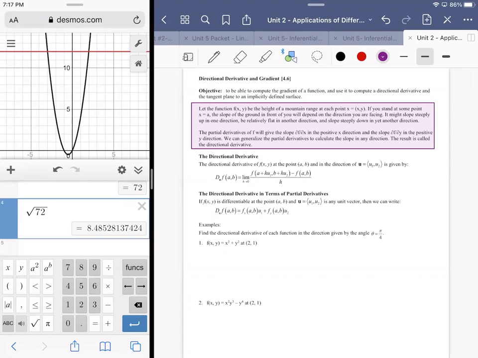But we will be able to make a determination of what that slope is as long as we know which way we're headed. Visualize yourself standing on the side of a somewhat steep hill. That hill is either going to be a steep climb up, a steep walk down, or a relatively flat walk in an orthogonal direction.